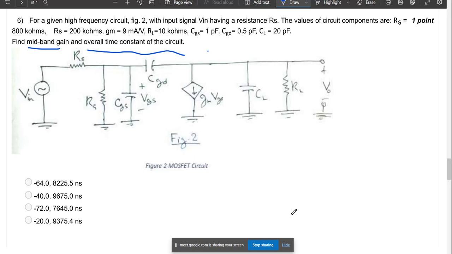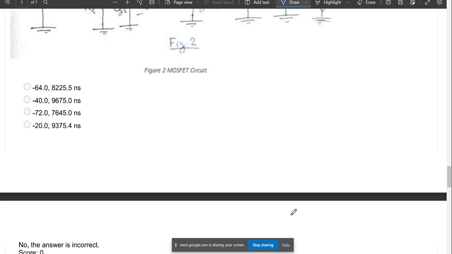Option C. Okay, very good. What about others?